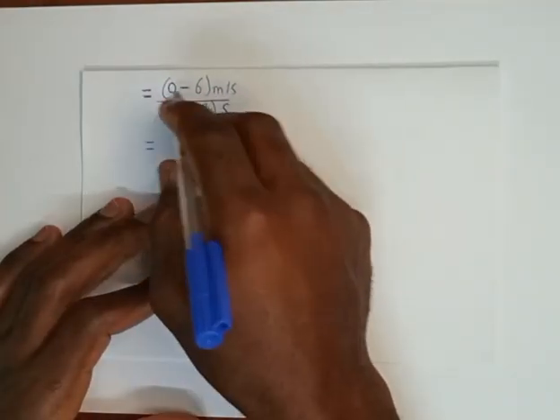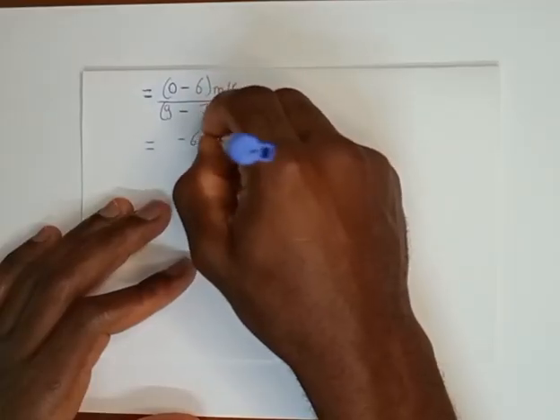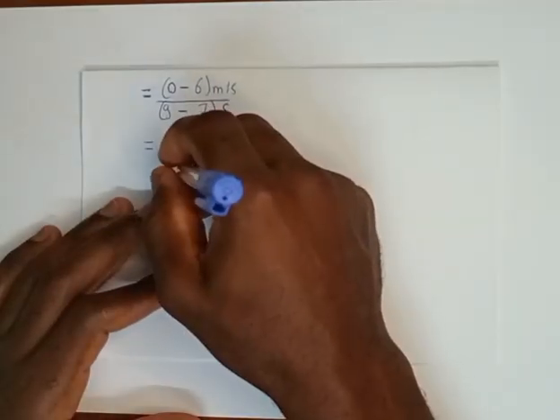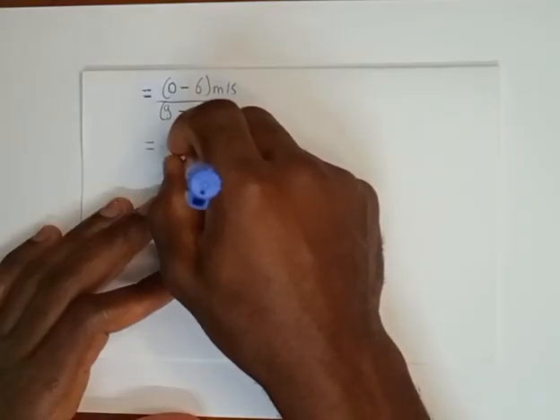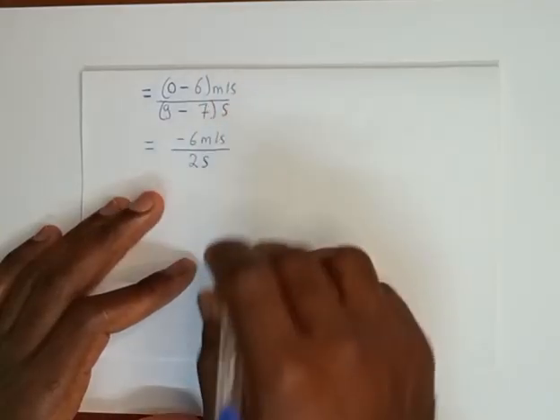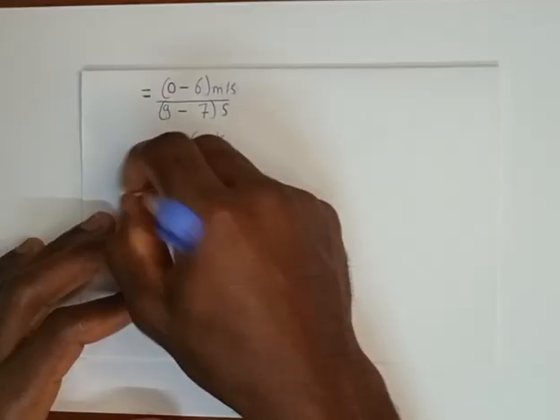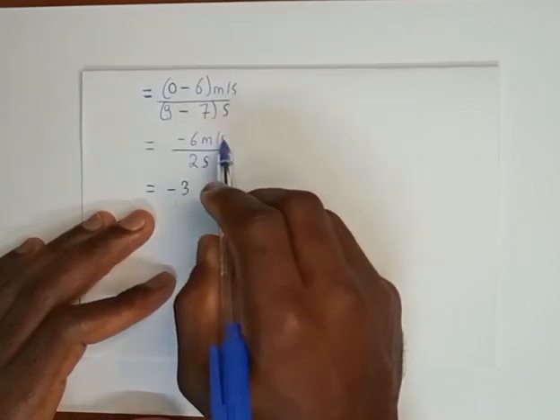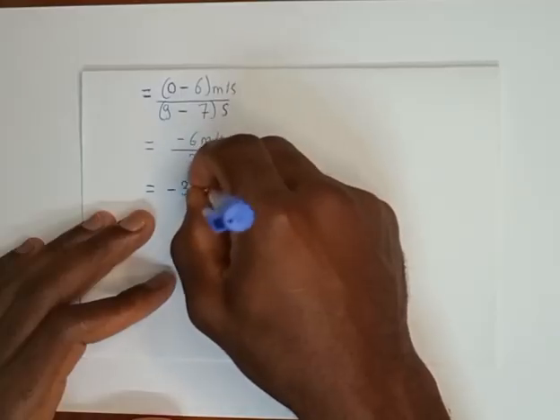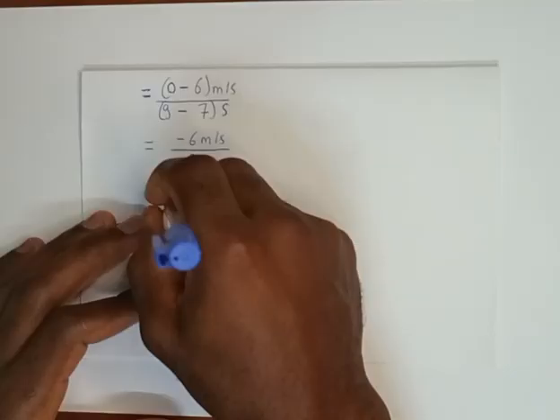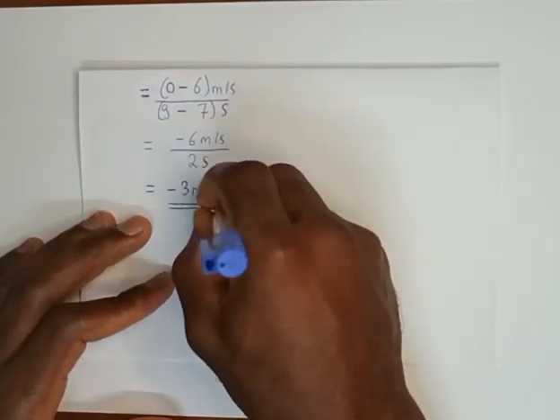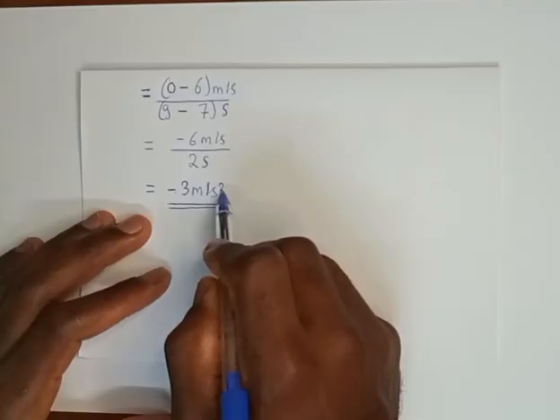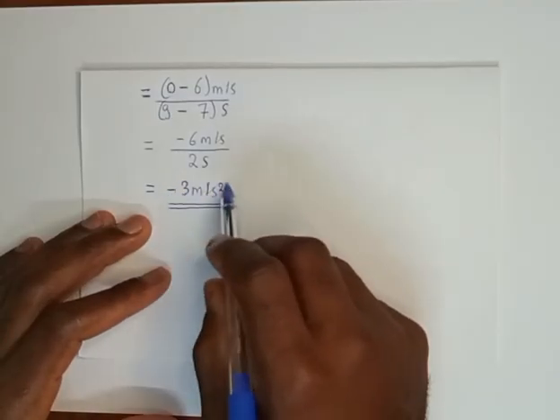This will simply be equal to negative 6 meters per second, then we divide by 9 minus 7, which gives us 2 seconds. This will simply be equal to negative 6 divided by 2 gives us negative 3. Meters per second divided by seconds gives us meters per second squared. Therefore, the retardation of the body will simply be negative 3 meters per second squared. You can see it is negative acceleration.